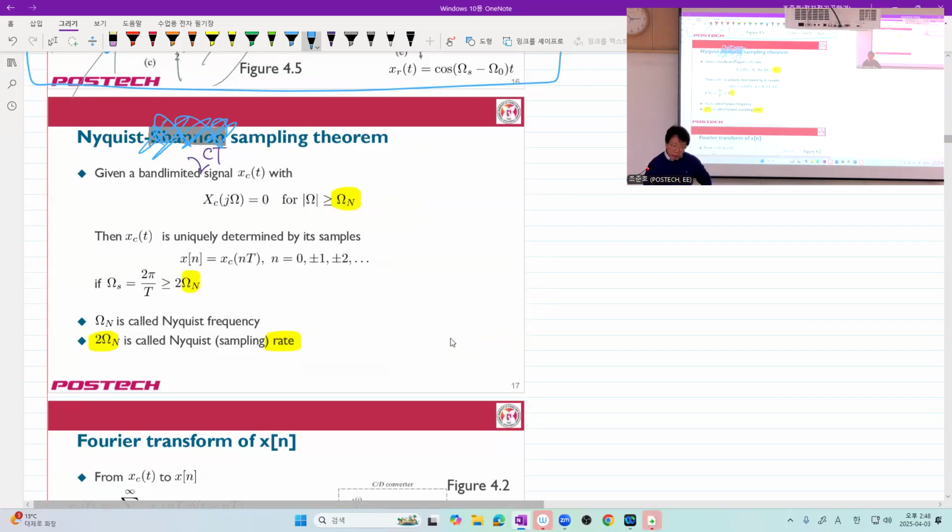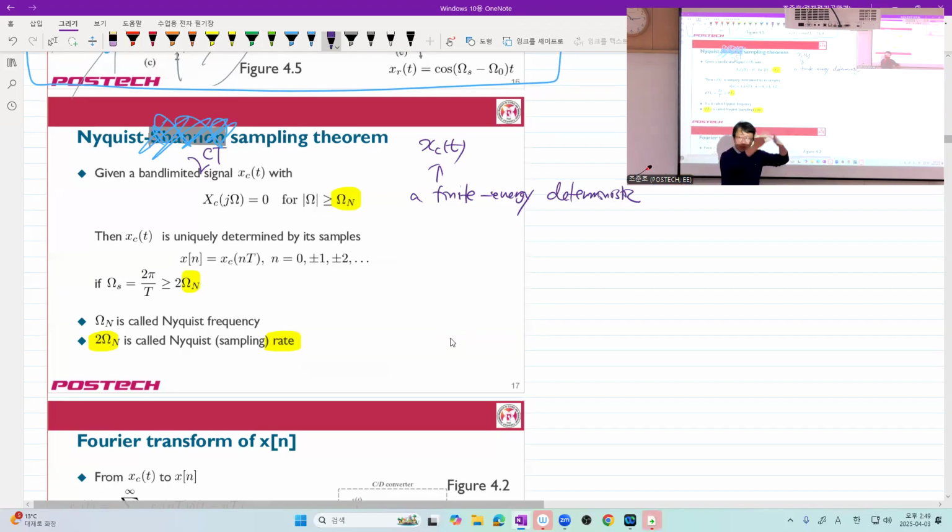So according to our approach, where we only consider a finite energy deterministic signal, without proving, sometimes we just introduce delta functions to handle some important non-finite energy signals in the sampling theorem.